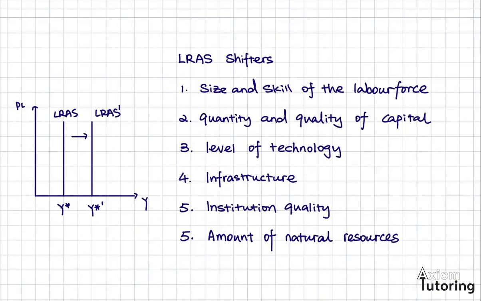For example, an improved railway network results in shorter and more reliable journey times, and that means workers and goods can move around more efficiently. This leads to an increase in business productivity, and that shifts LRAS to the right. But poor infrastructure can act like friction inside the economy. Resources exist, but they cannot be used efficiently.